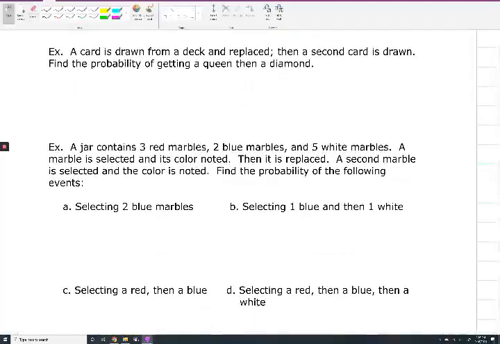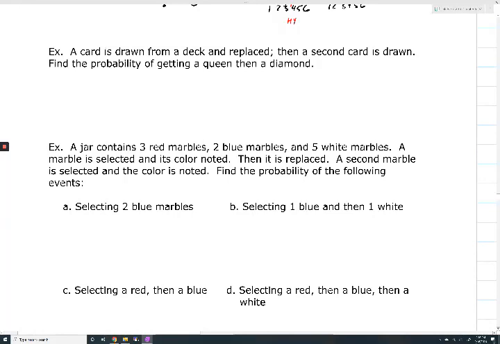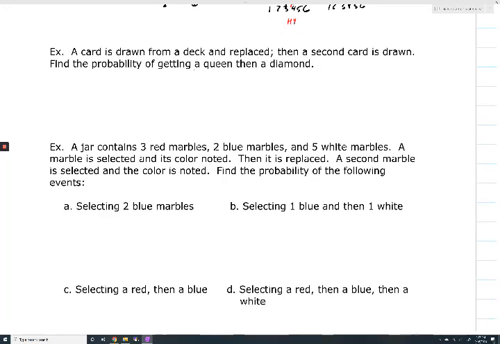All right. Next problem. A card is drawn from a deck and replaced, and then a second card is drawn. Find the probability of getting a queen, then a diamond. So, queen is A, diamond is B. Since it is replaced, they are still independent events.